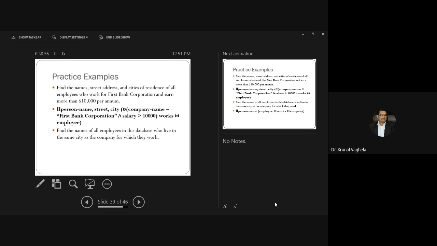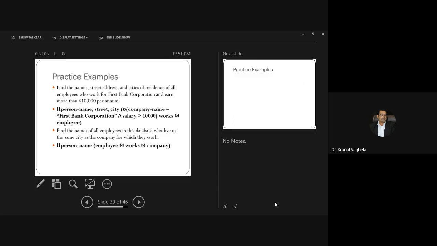Company city is different, then person city is different, and works will combine these both. So this is the right answer. If you find difficulty, then after going home, you put some sample data and try this. Then you will understand it properly.